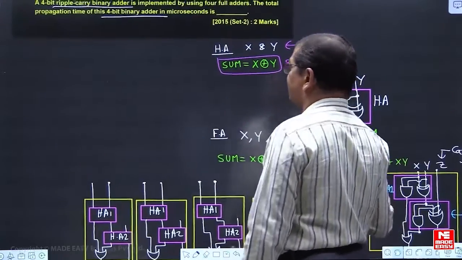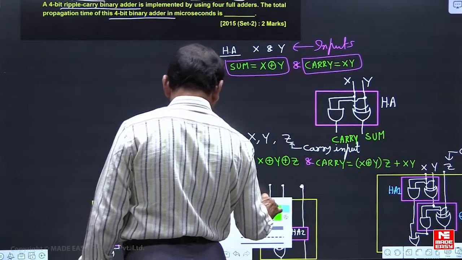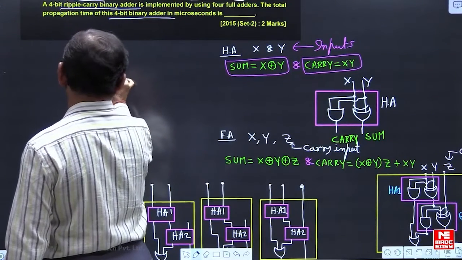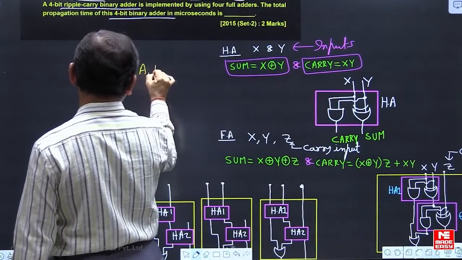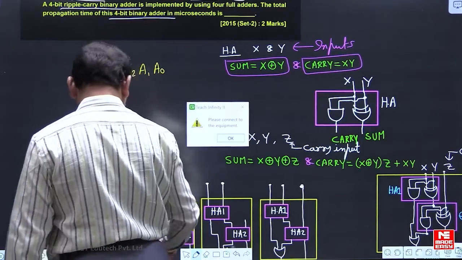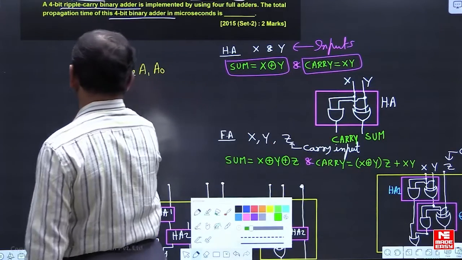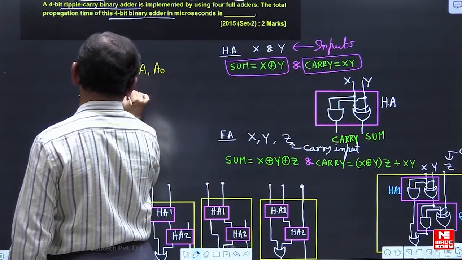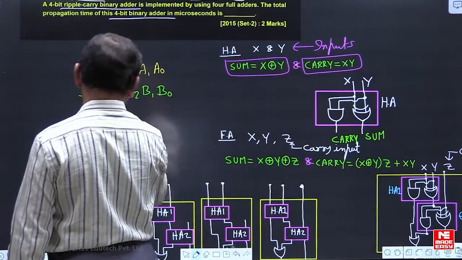Consider we have 4-bit numbers. We have a 4-bit binary number A: A3, A2, A1, A0, and a 4-bit binary number B: B3, B2, B1, B0.